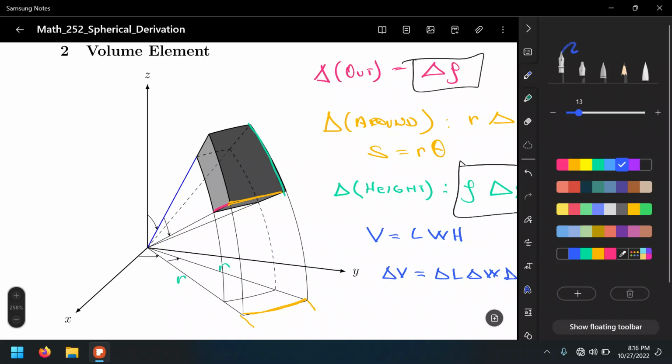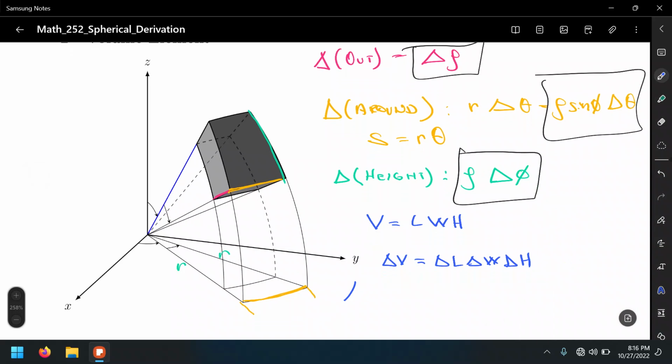So that delta V will be delta rho times rho sine phi delta theta, and delta H in this case, not the enthalpy from chemistry, that's the height, and delta phi.